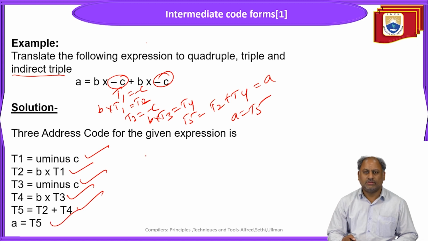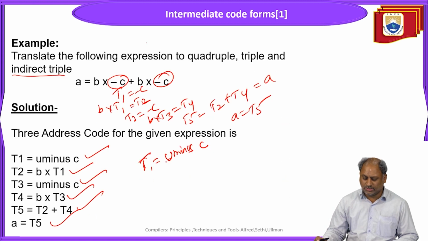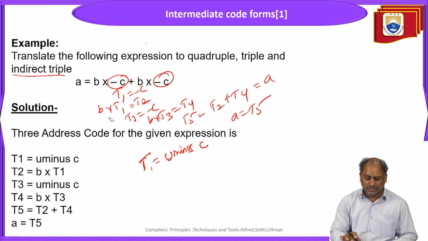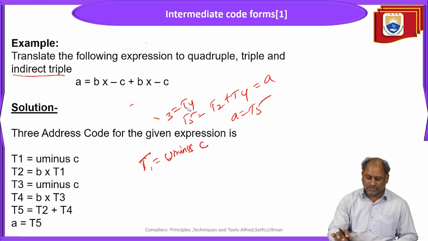Here the expression is T1 equal to unary minus C. Now, according to the syntax structure, we are going to see this in a table, the quadruple representation, in the next slide.